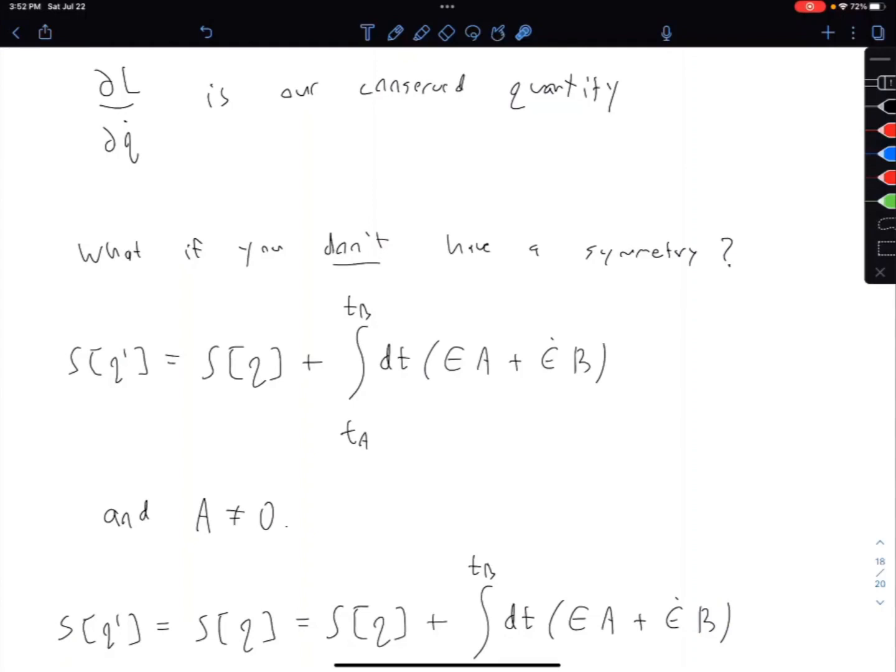Do you know if there's any relation between this kind of statement and anomalies? Yeah, that's a good question. I would guess that there is, because anomalies come from the fact that the measure may change. But I've also heard that thinking about the path integral measure is not the right way of thinking about anomalies, so I'm nervous about making that statement.